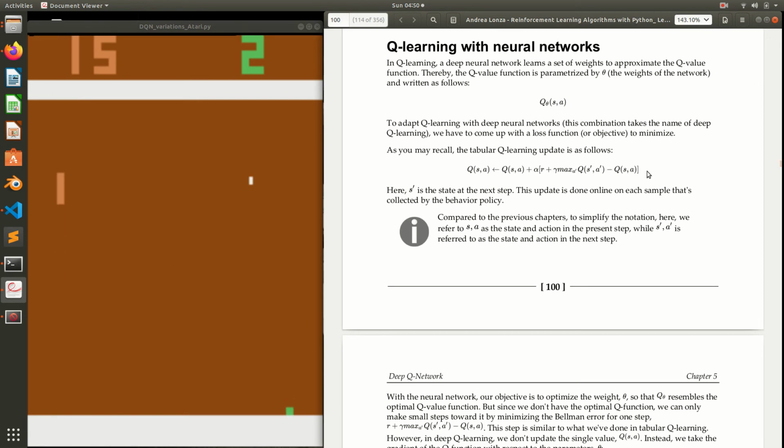Basically the Deep QN is based on Q learning. As you remember, Q learning is based on this equation to update the Q value based on the rewards and factors to store the previous information of the environment.